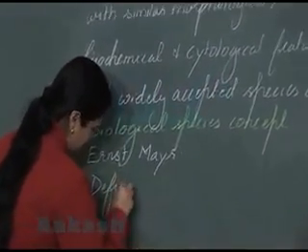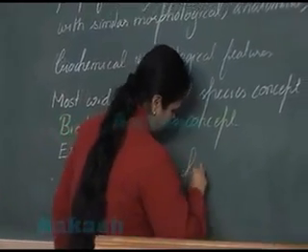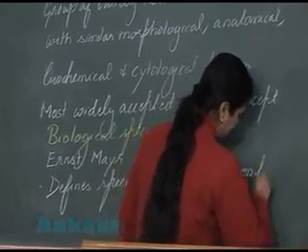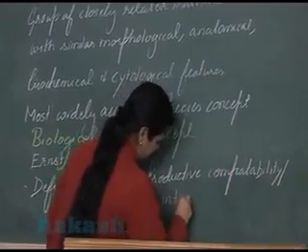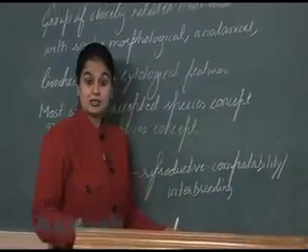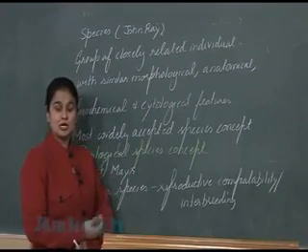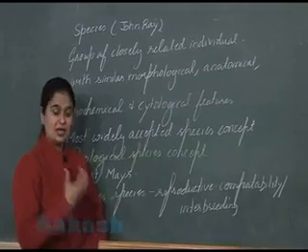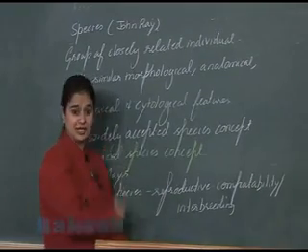He defines species on the basis of reproductive compatibility, or you can say interbreeding. What is interbreeding? Interbreeding is mating between individuals to produce fertile offspring. Mating between individuals, organisms, to produce fertile progeny.